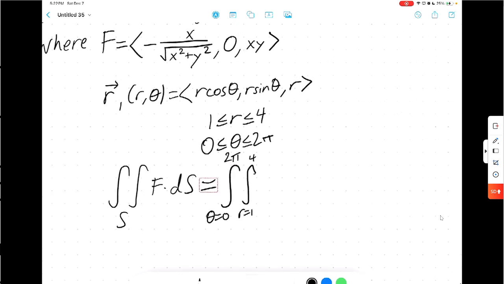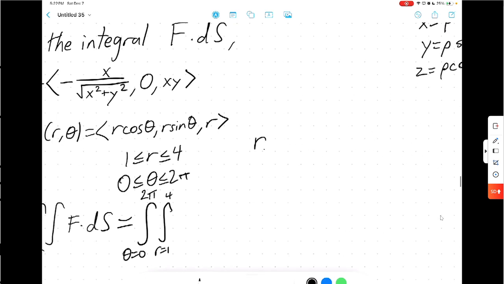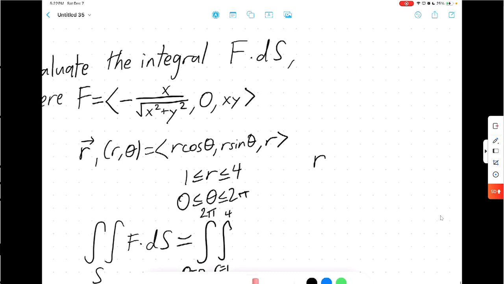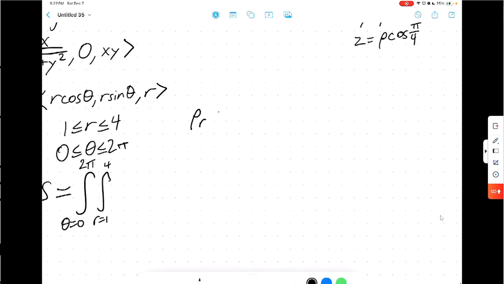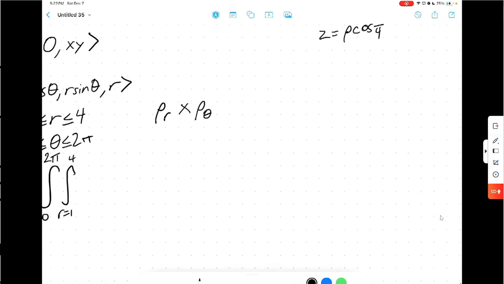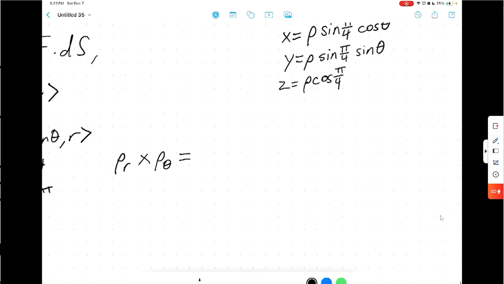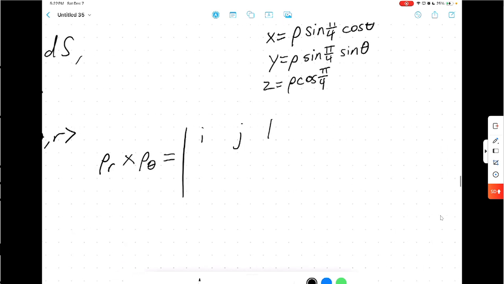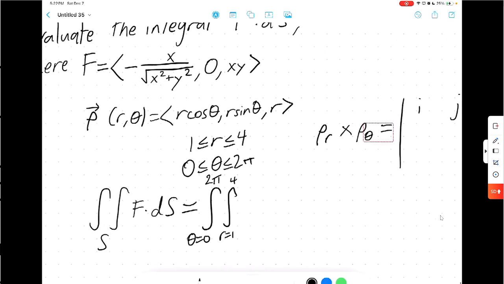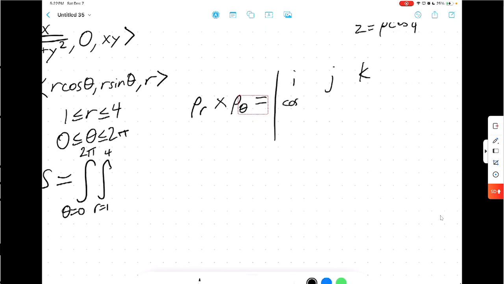Now what I have to do for this one is find r1, I'm going to just use rho because I'm running out of letters, rho with respect to r cross rho with respect to theta. I have to find this vector. So this is your i, j, k, and then each component with respect to r: cosine theta, sine theta, 1.